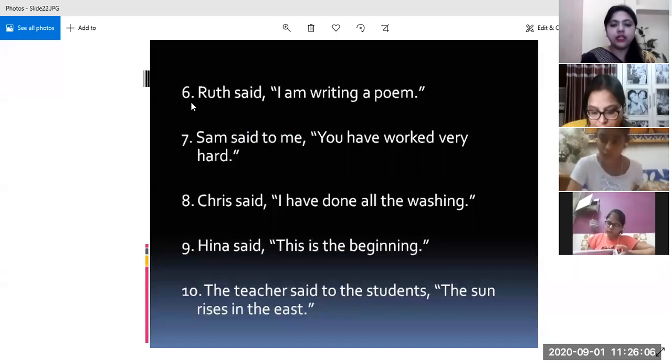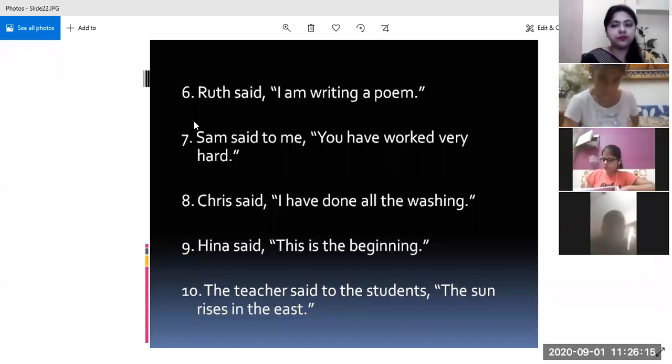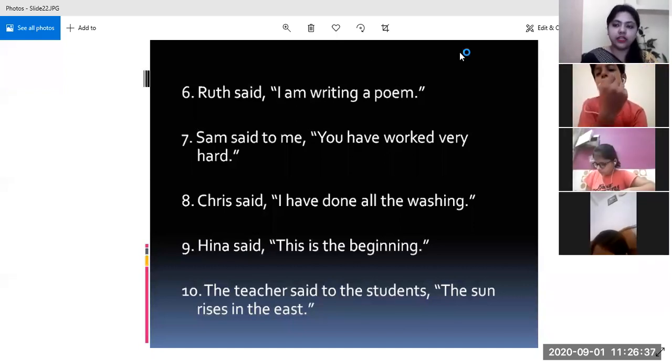Next, the teacher said to the students, "The sun rises in the east." Yes, Arpit. Ma'am, the teacher said to the students that the sun rises in the east. See, it's a universal truth, no? So it will not get changed. It will remain as it is.